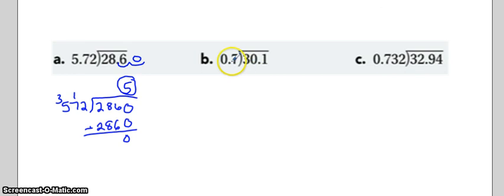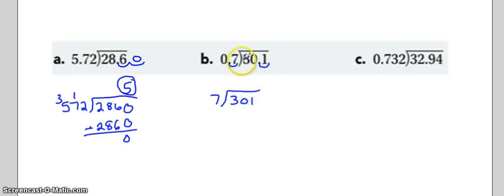All right, same thing out here. We've got 7/10 going into 30 and 1/10. Again, we have one decimal place here, so we remove the decimal place. We want to move it over one place, so we move this over one place. We're going to rewrite the problem as 7 and 301.